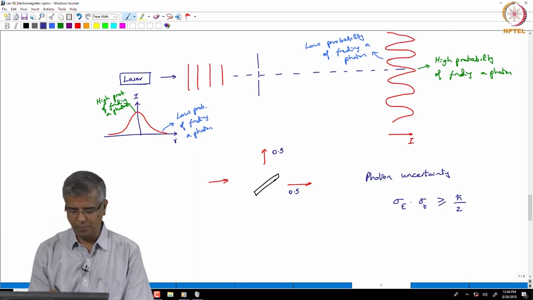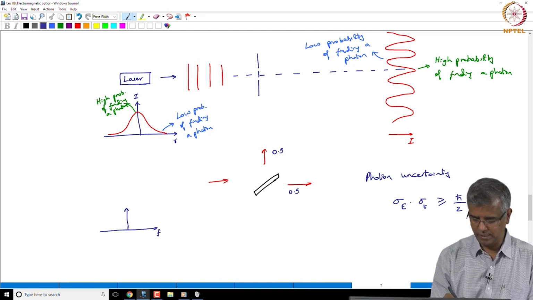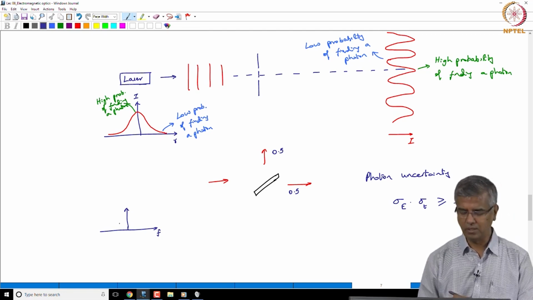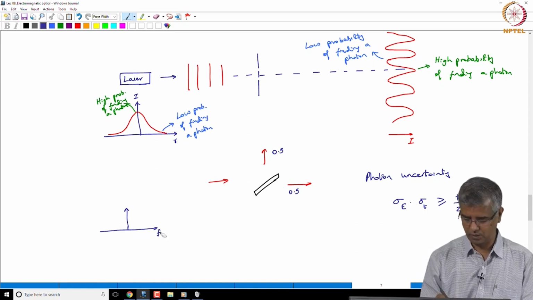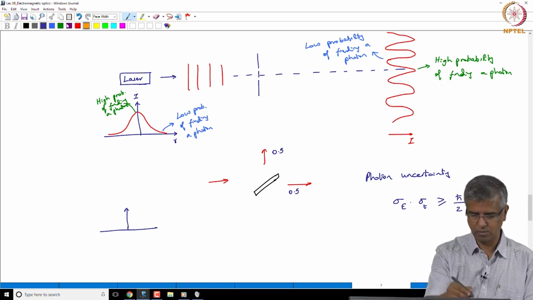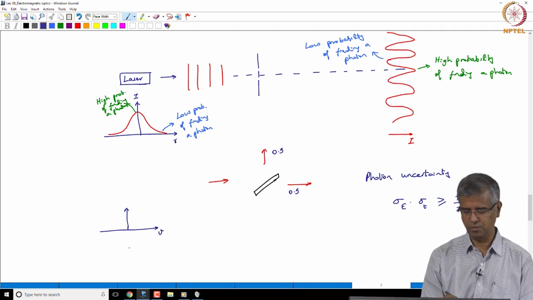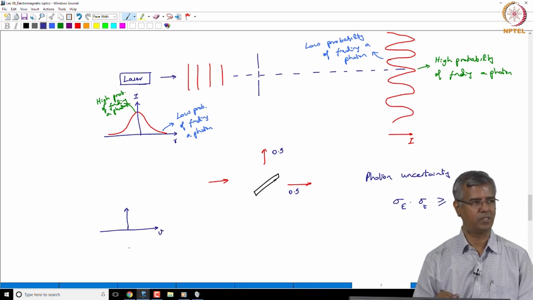Let's take the example of a single frequency, so a monochromatic source, with frequency nu.